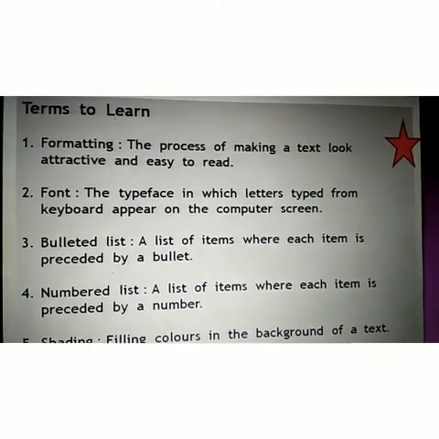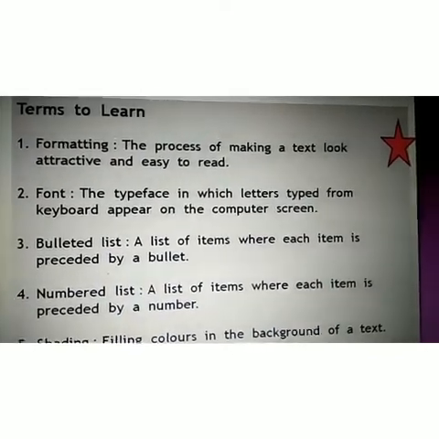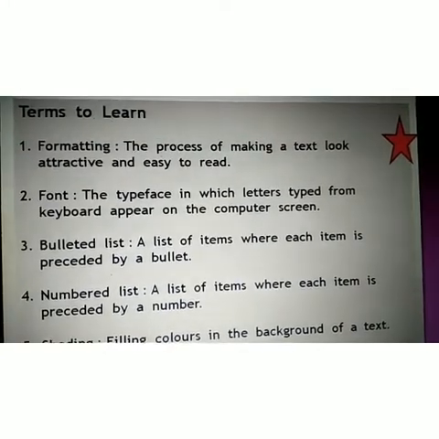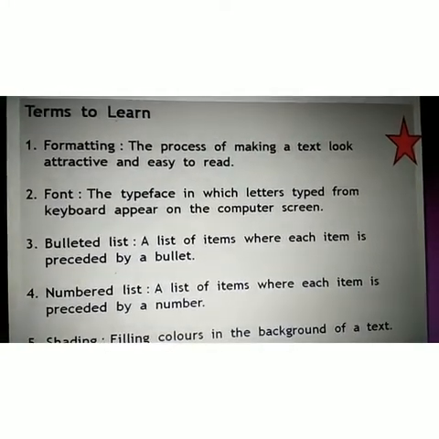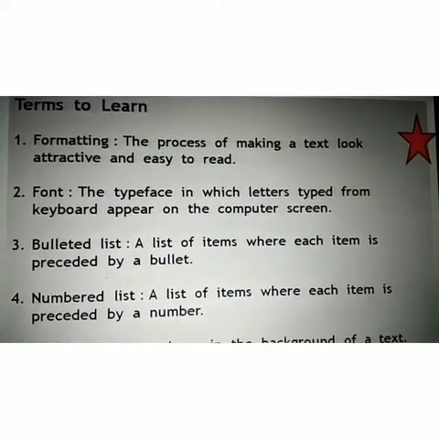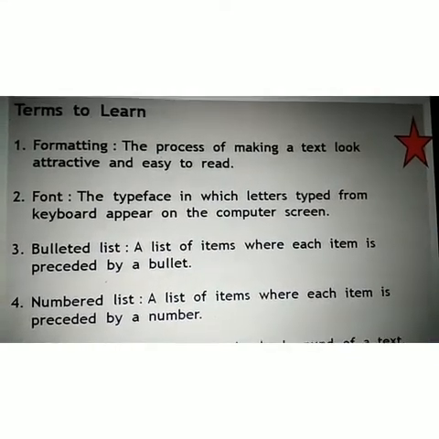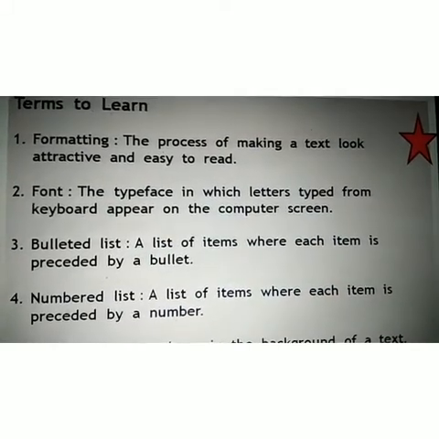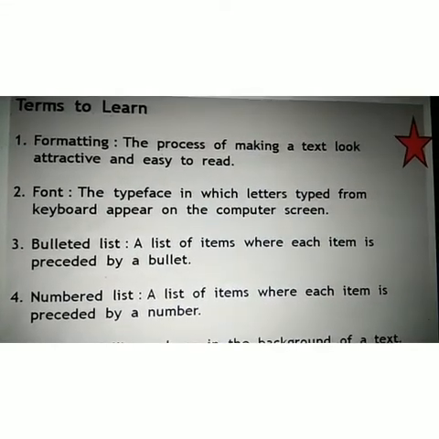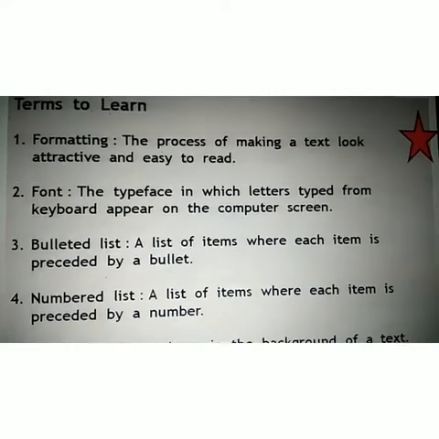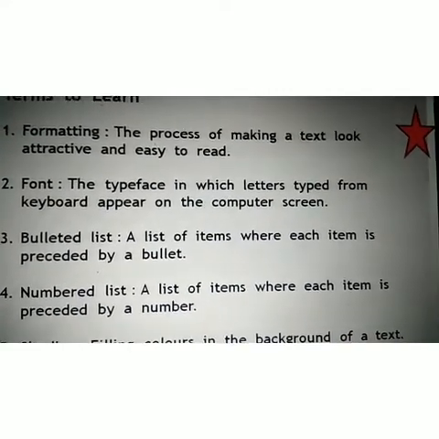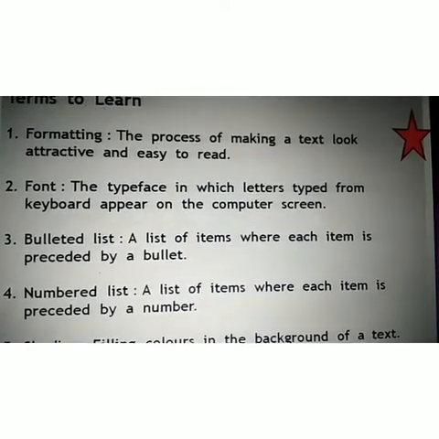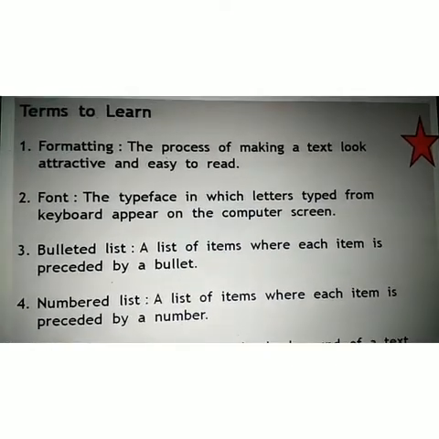So students, formatting is the process of making a text look attractive and easy to read. It means we can choose any features in MS Word to make text look attractive, and apply any font features, border, shading and paragraph formatting, etc.